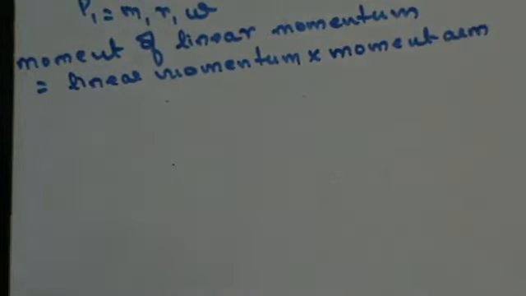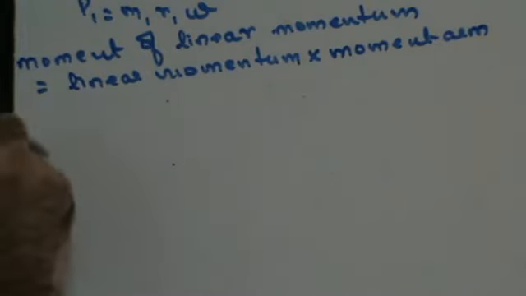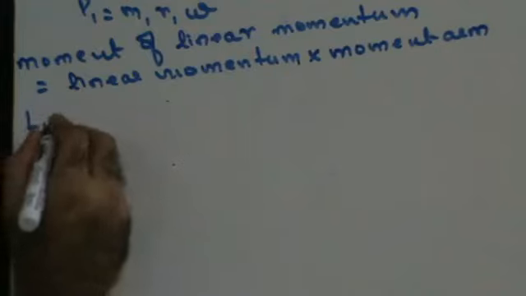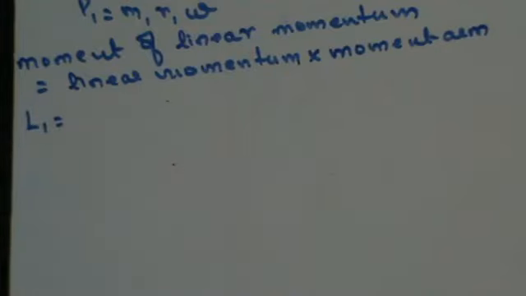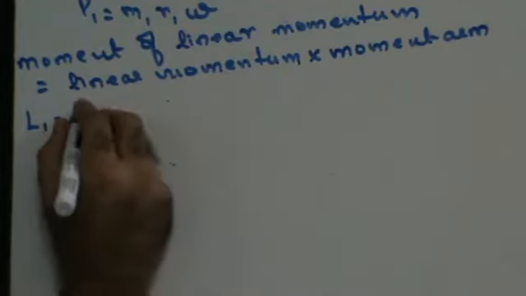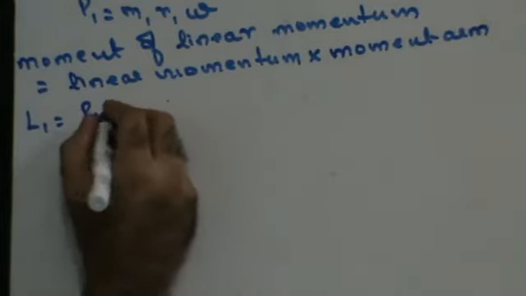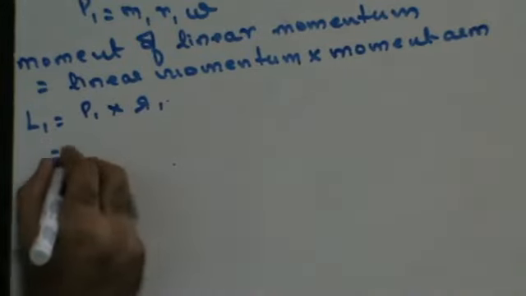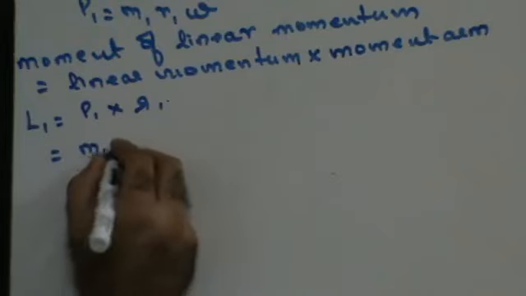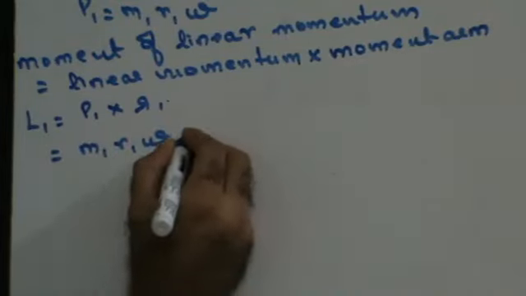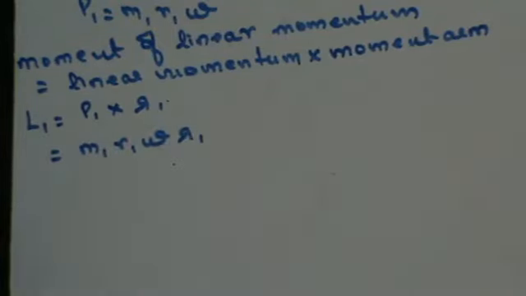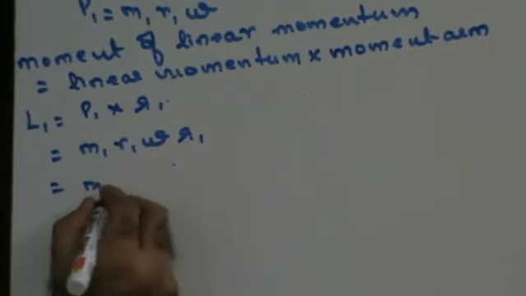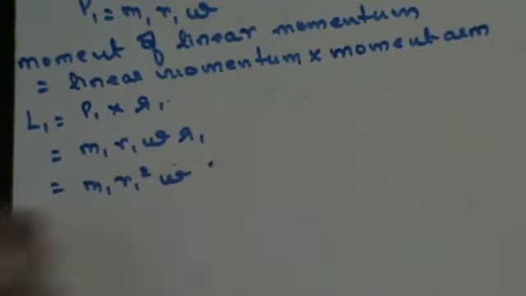Now, in that case, let's assume that the moment of linear momentum L1 is nothing but P1 into r1. So P1 we had found out is m1 r1 omega into r1. So that will be nothing but m1 r1 square into omega.